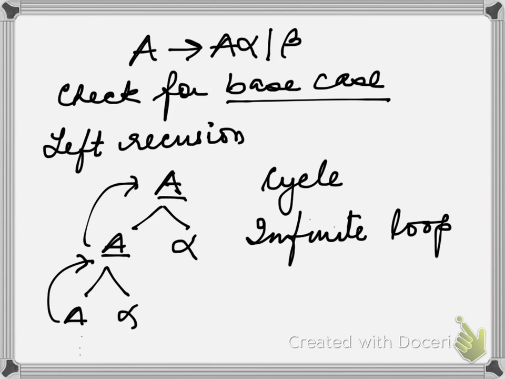That is why left recursion can create issues which give rise to infinite loops. If your parser program has an infinite loop, it is not going to terminate. So if we have left recursion, then we cannot create a parser for it.